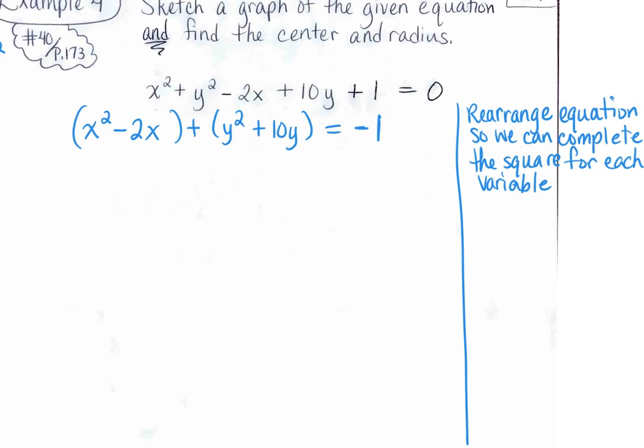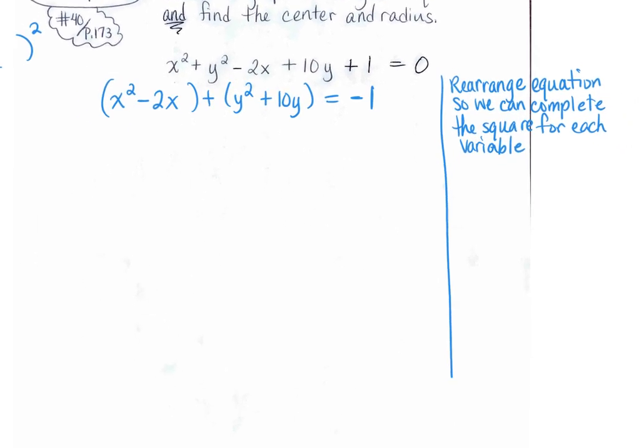Now we want to complete the square in each variable. So I'm going to leave some space. We'll have x squared minus 2x, leave some space, plus y squared plus 10y, leave some space, equal to -1, and leave some space there.